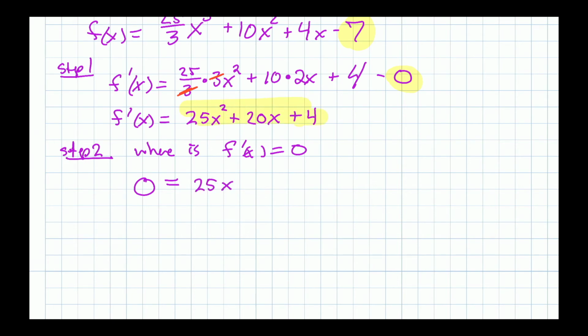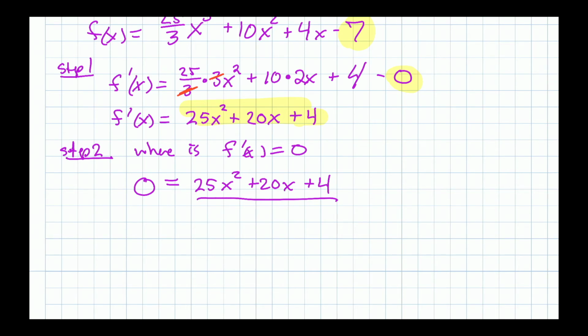So 25x squared plus 20x plus 4. Essentially what you're doing here is you have to factor this. If it was very easy to factor, I would factor it by hand. But this isn't that easy to factor.